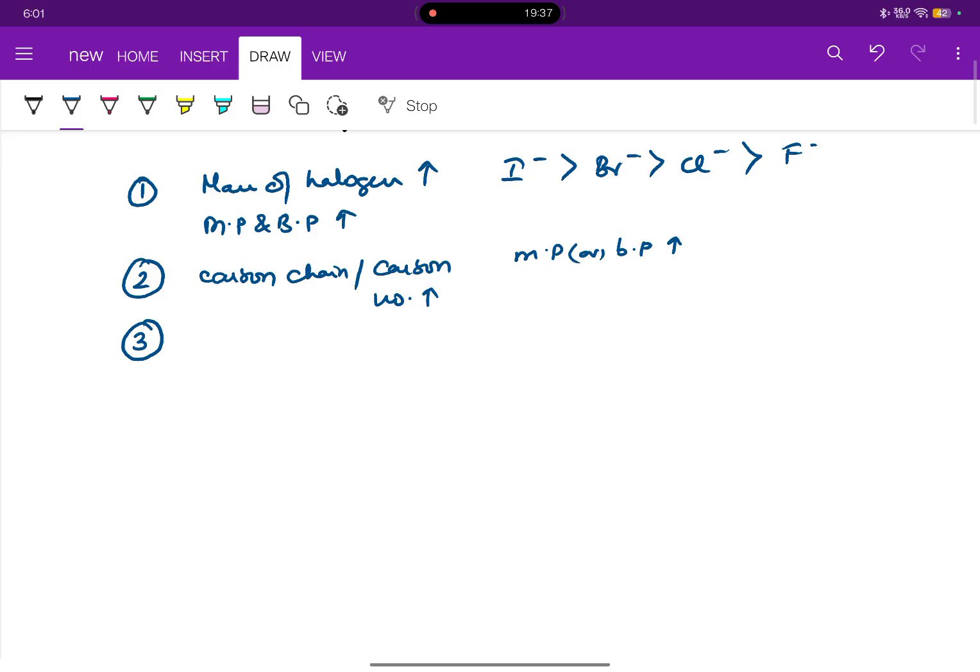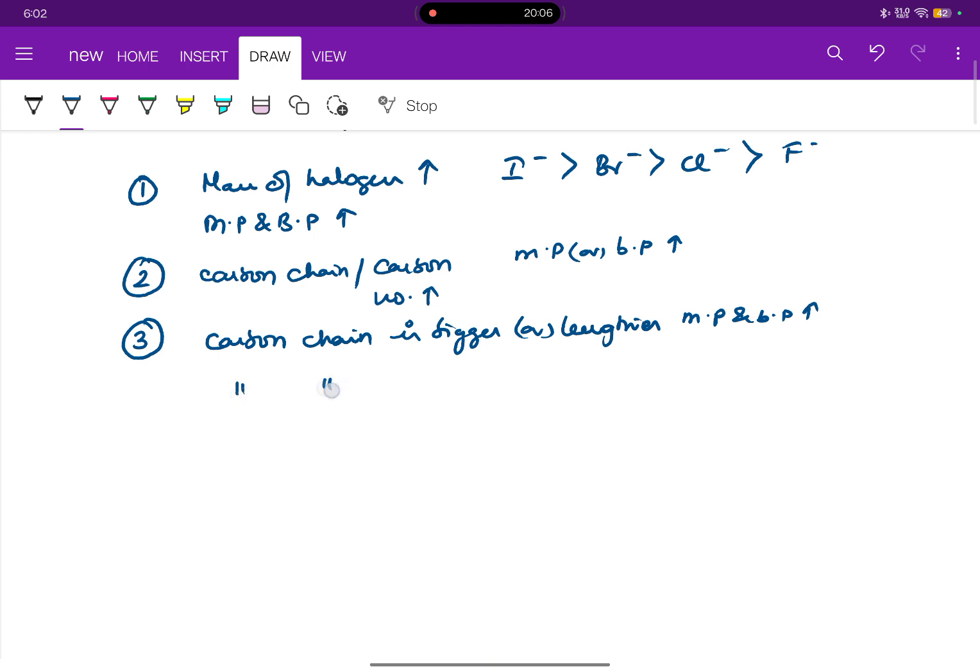Now, very important aspect. What will happen to the carbon chain? Remember, when the carbon chain is bigger or lengthier, melting point and boiling point will increase.